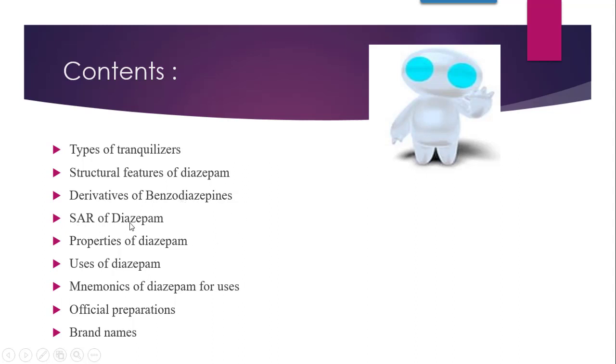Coming towards the SAR of diazepam, we are also going to cover properties, uses, official preparations and brand names of diazepam, along with the mnemonics for the uses of diazepam. We are going to remember the uses based on the name itself. So how it is, we will see one by one.